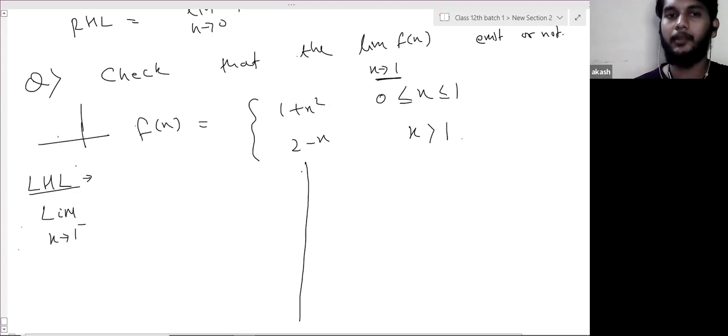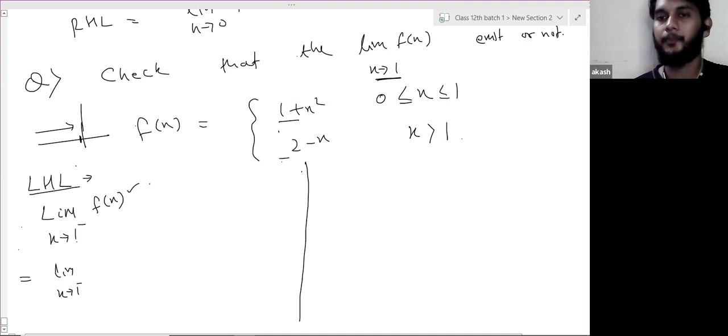This is 1 on the number line. We are moving to the left side. So any number slightly less than 1 is represented by 1 minus, the left hand side limit. And the function is f of x. In this function, it is broken down into two parts, this and this. So what part shall we take as f of x?